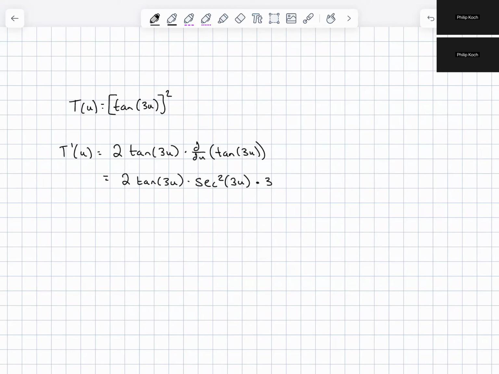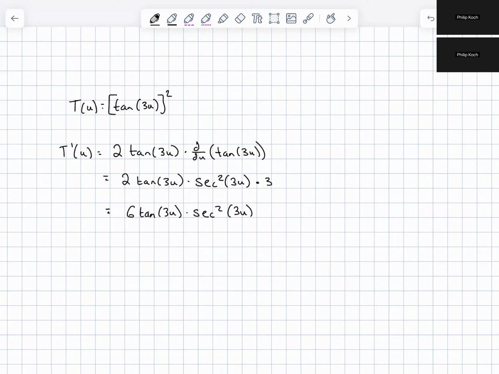So there's a couple ways we could go about this. The secant is 1/cosine. So we could combine the tangent and the secant and write them as sines and cosines. That might be easier, but I don't know. I'm just going to simplify a little bit. I'm going to write this as 6 tangent of 3u times secant squared of 3u.